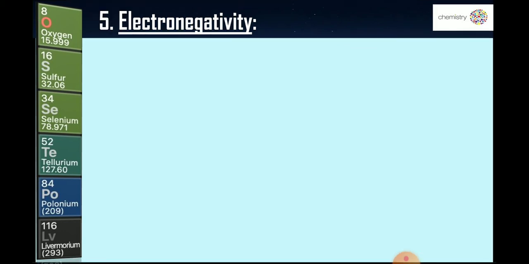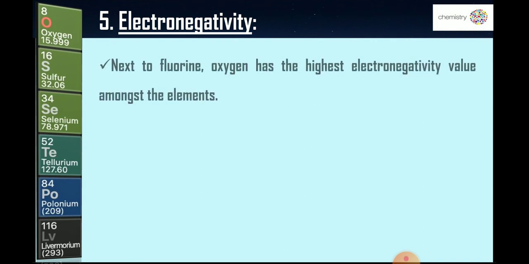The last periodic property, electronegativity. It's the power, capacity, or tendency of an atom in a molecule to attract the shared pair of electrons towards itself. That capacity, that power, is called electronegativity. You know, fluorine is the element with the highest electronegativity. Next to fluorine, the second highest value is oxygen. Oxygen has the second highest electronegativity value among all the elements.